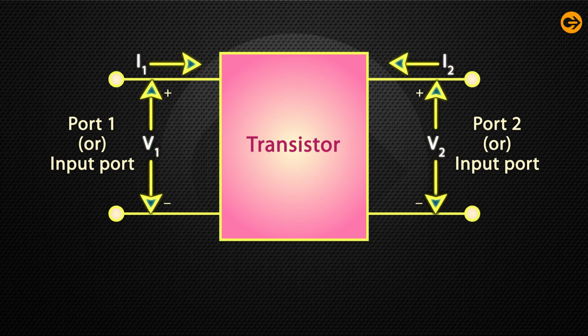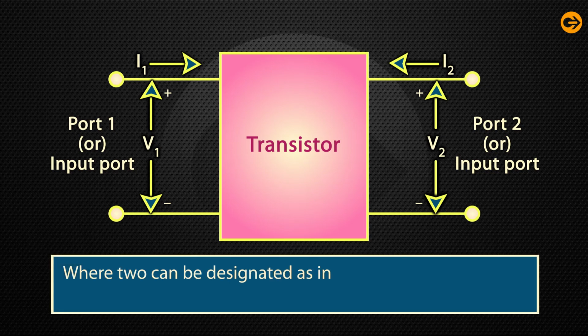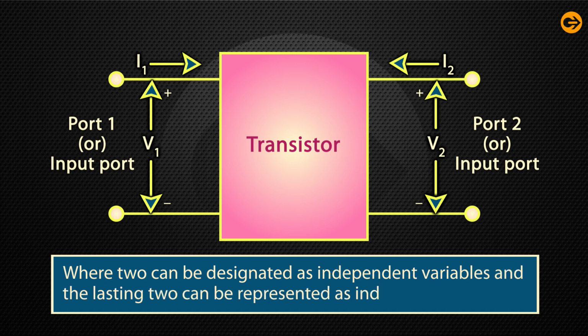These four variables are V1, V2, I1 and I2, where two can be designated as independent variables and the remaining two can be represented as dependent variables. This leads to numerous two-port parameters, out of which the succeeding three are more essential.